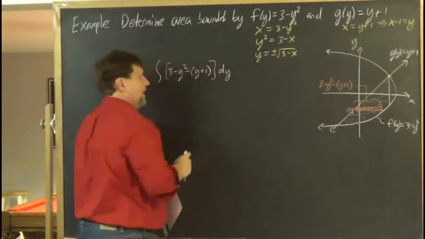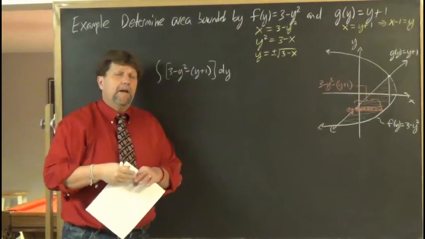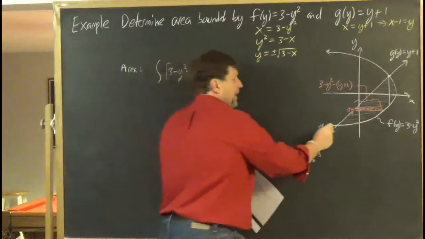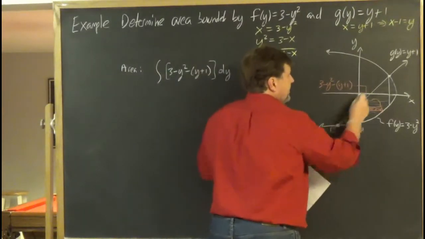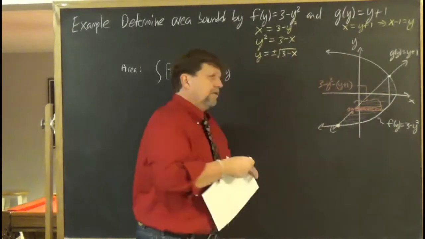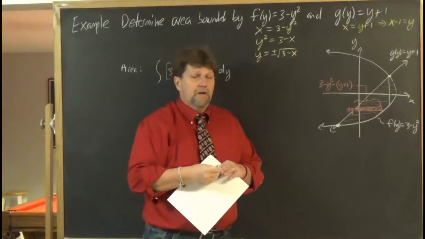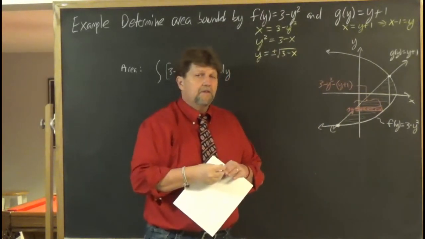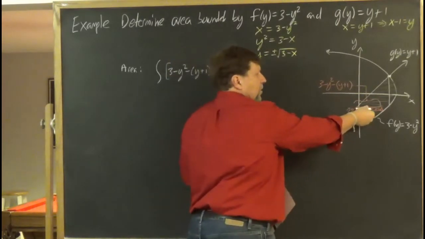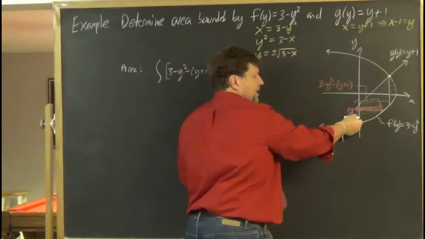Delta y, dy. Now I need my limits of integration. The limits of integration are found by determining these points of intersection. But here, I don't care about the x-coordinates for the points of intersection. It's the y-coordinates. I mean, it's like, what's the lowest that this horizontal rectangle could go?